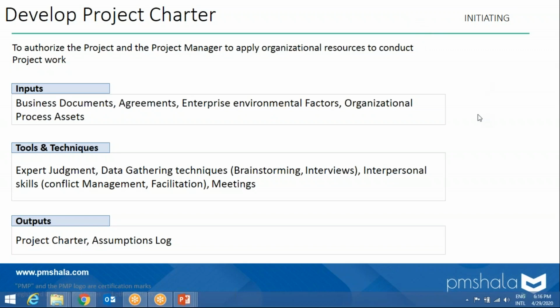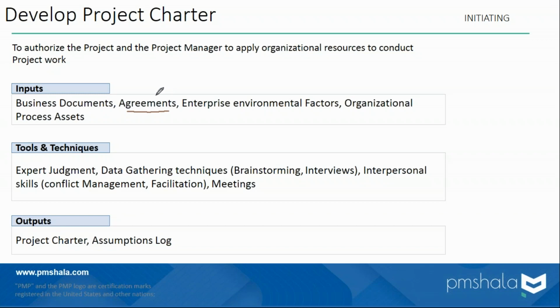Quickly let's look at other inputs, tools and techniques and outputs. Other inputs, agreement. Here agreement means contract. I hope you understand, a project may be done internally or could be for an external client also. So when you're doing a project for an external customer, there will be a contract already signed with the customer.